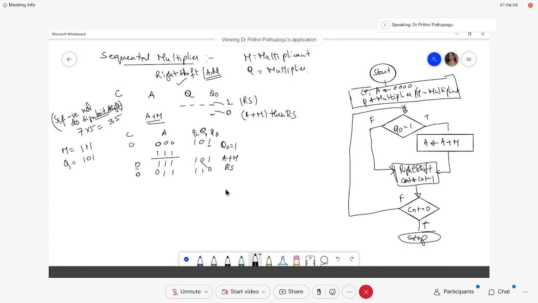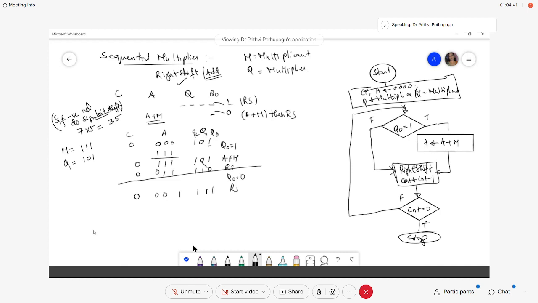Now after this first iteration, you decrement the count. Now check the value of Q naught. Q naught is 0. What is to be done? Just do the right shift, because Q naught is 0. 1, 1, 1, 1, 0, 0, 0.